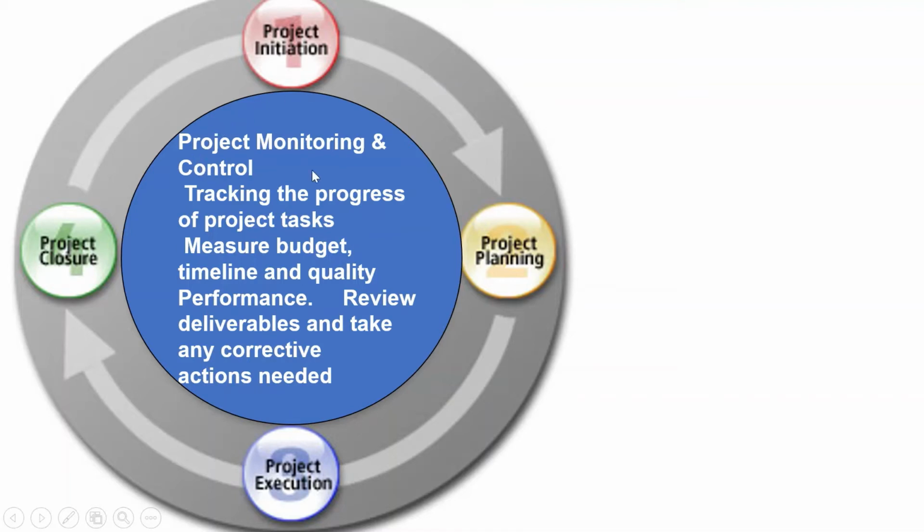But look, in the middle, we have project monitoring and control: tracking the progress of project tasks, measuring budgets, timeline and quality performance, reviewing deliverables and taking any corrective action.